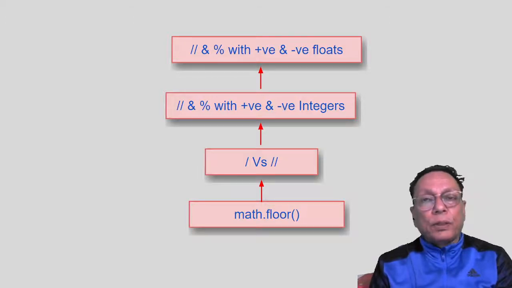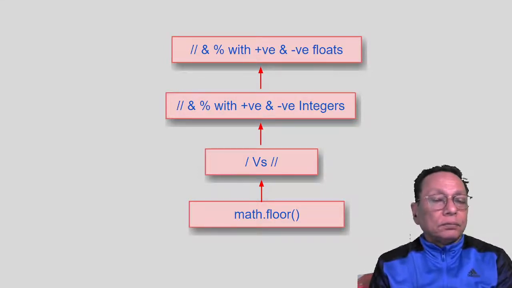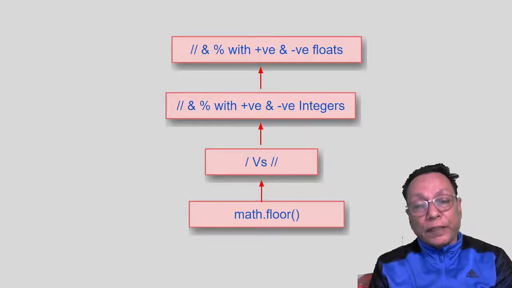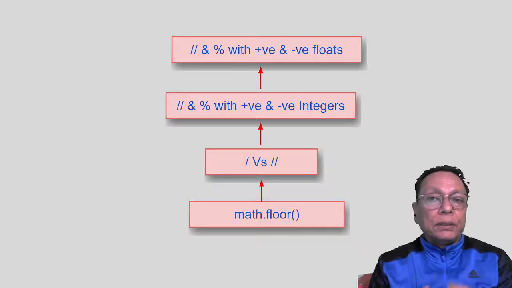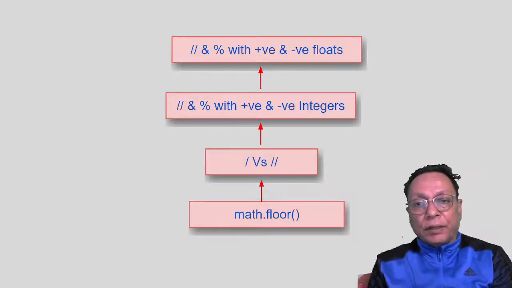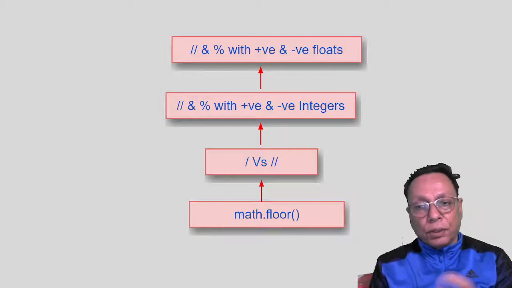So what happens when you divide a positive value by a negative number or negative integer, a positive float value divided by a negative float value? What should be the remainder and what should be the quotient? This we will evaluate here in this video, and you'll see how to do it.